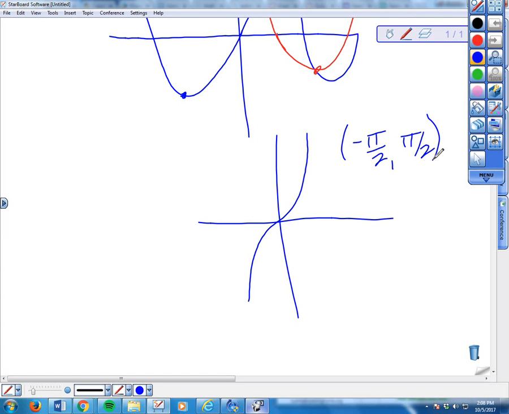Okay? Secant will have the same restriction as cosine, okay. Because secant's 1 over cosine. Yeah, that makes sense. Cosecant will have the same restriction as sine. Yep.